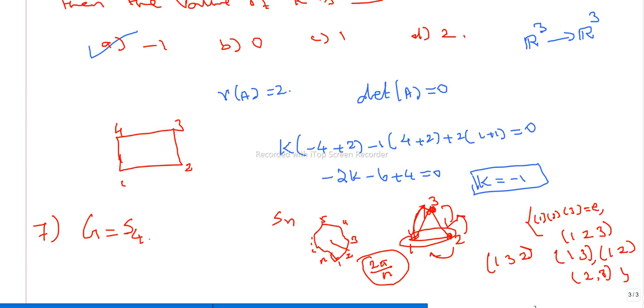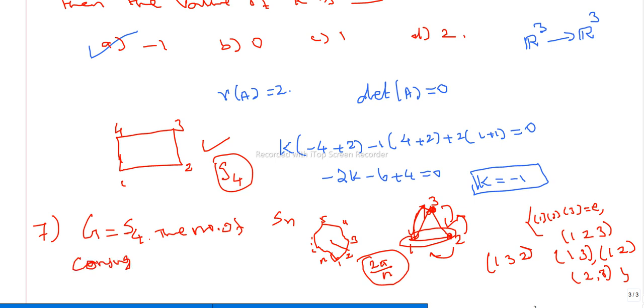Okay, so G is the group of all symmetries of the square. If it's a square picture, we have 1 2 3 4. Therefore all the symmetries are nothing but S4. The question is: the number of conjugacy classes in G. So what is that formula?